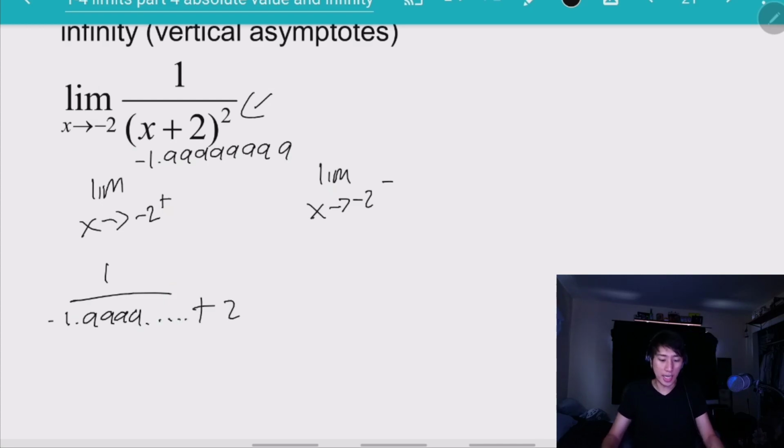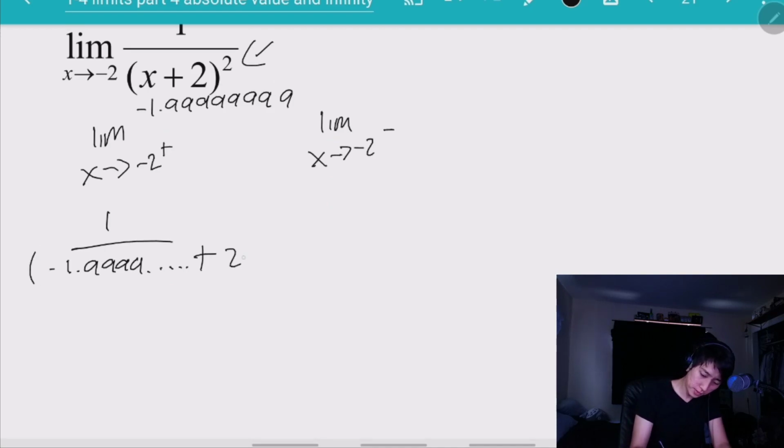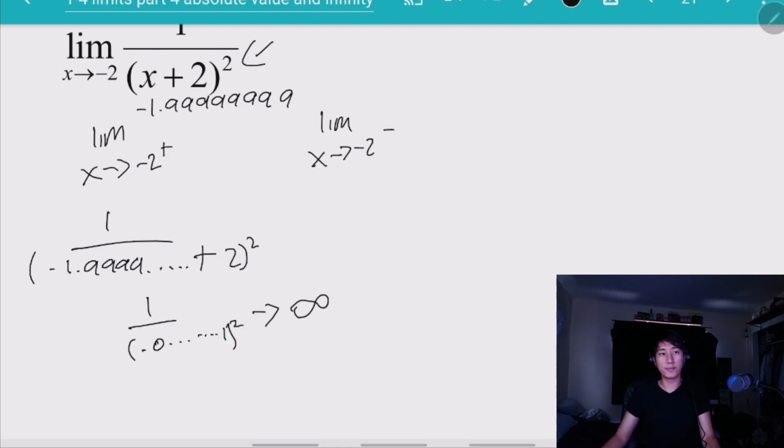This number here is a positive number. So it's 1 over a really, really tiny decimal squared. So then this over here is going to end up being infinity.